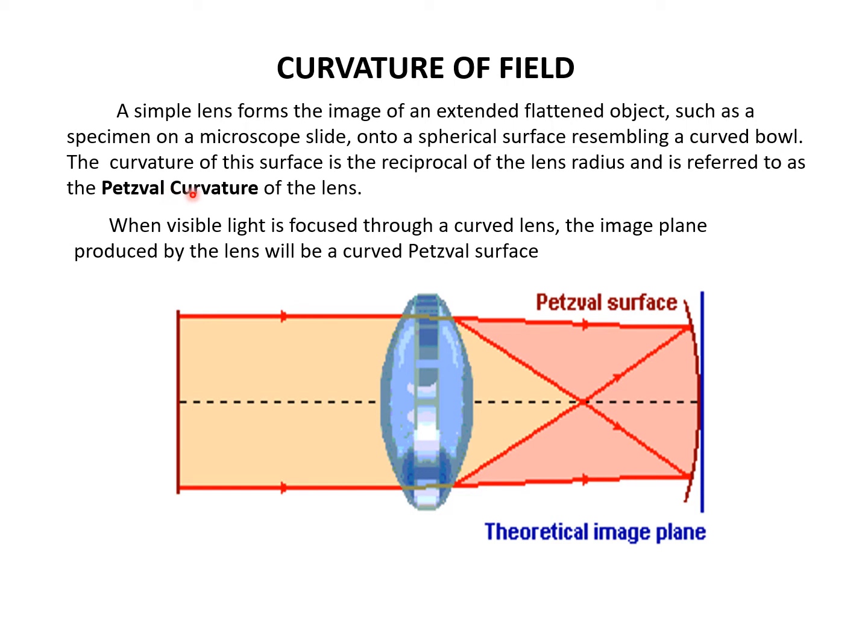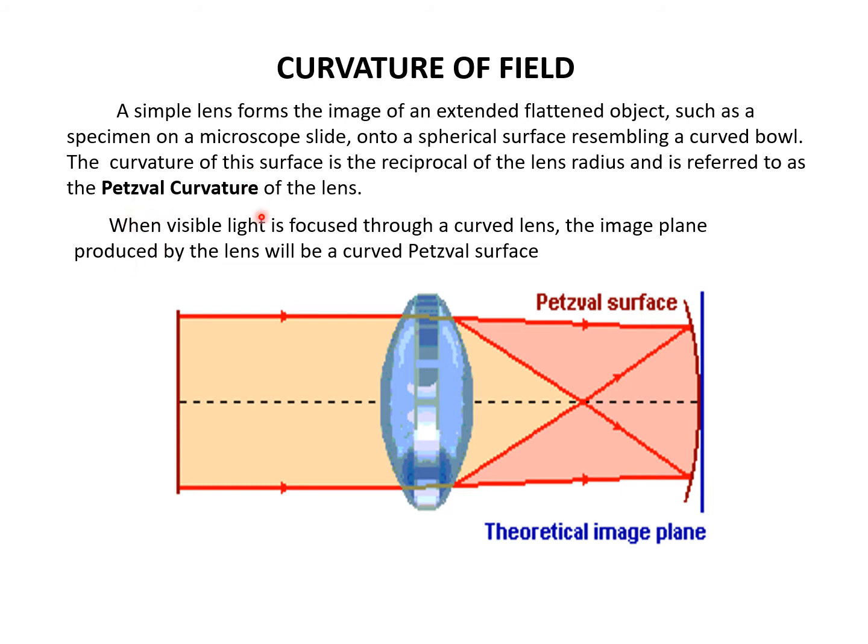The curvature of this surface is the reciprocal of the lens radius and is referred to as Petzval curvature of the lens. That means as lens radius increases, the defect curvature of the surface decreases. As the radius increases, the defect decreases.